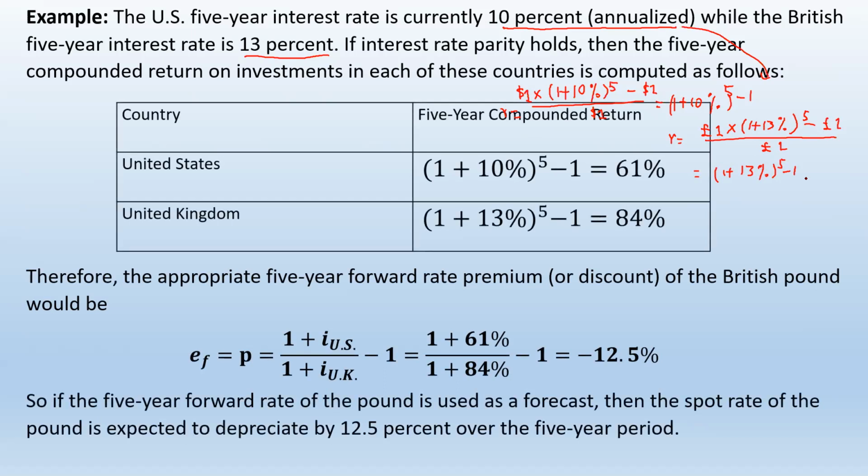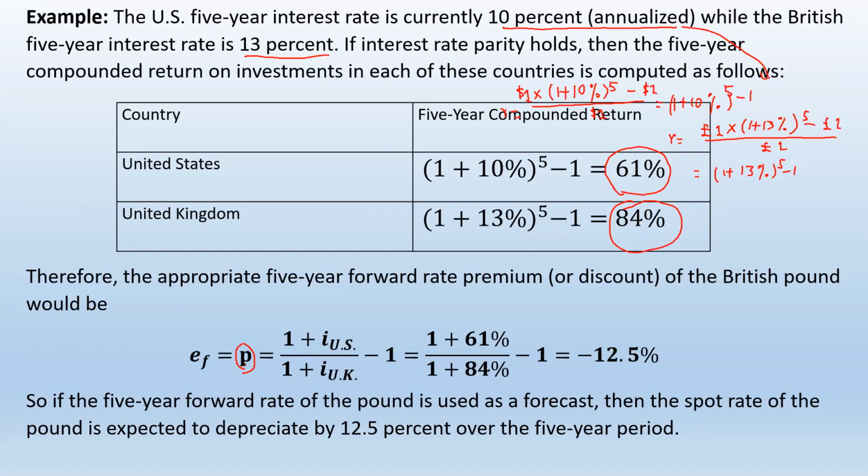So we found that over the 5 years, if you invested $1 in the US, your total return is 61%. And if you invest 1 British pound in the UK market, your total return is 84%.